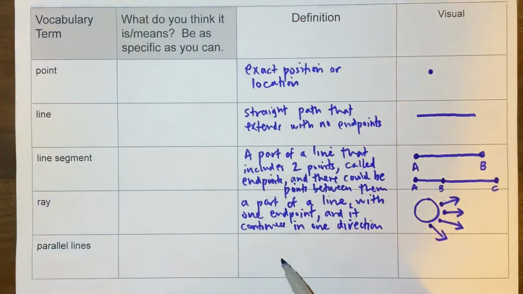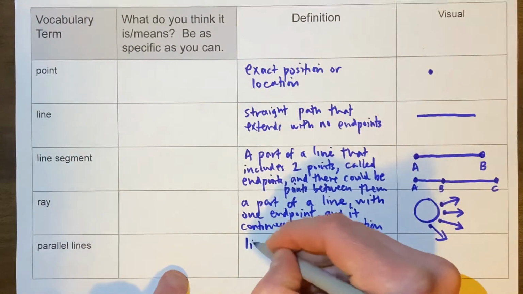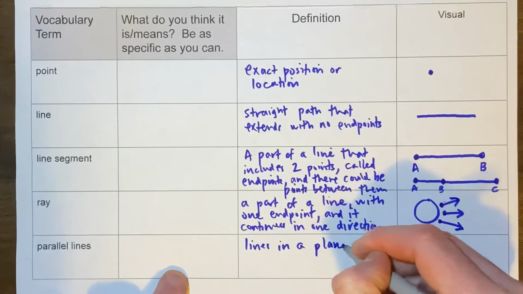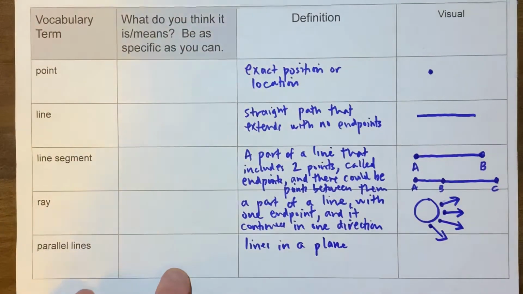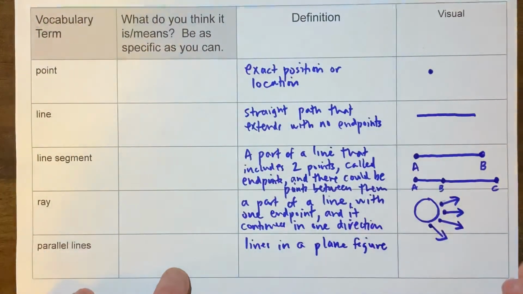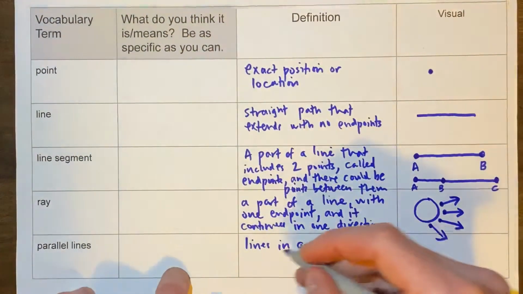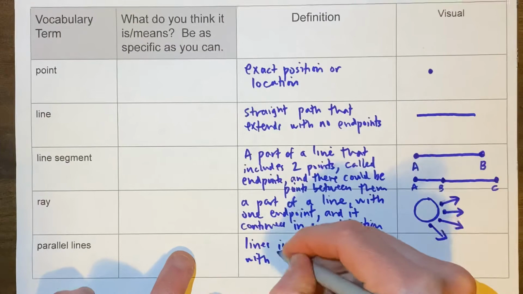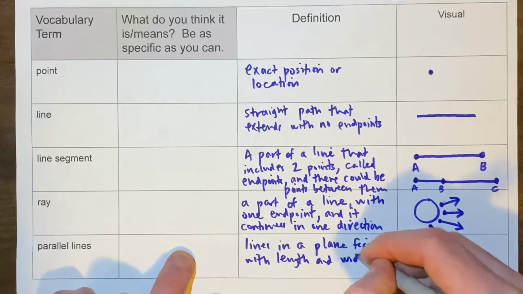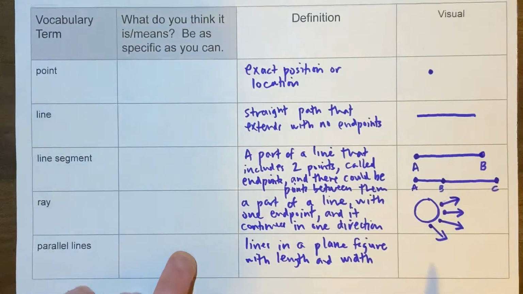Now we come across parallel lines. And what are parallel lines? Those are lines in a plane figure, I should say, not the plane in the sky, with length and width.